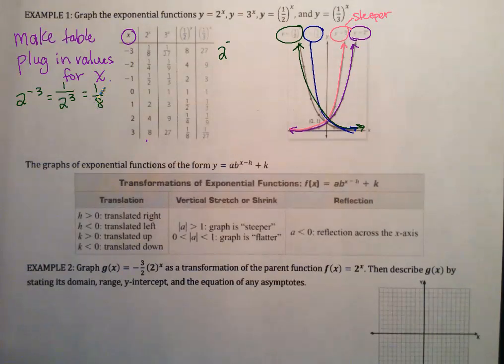And then 3 to the -3rd power is 1 over 3 to the third, so that's going to be 1 over 27. Does that make sense a little bit more? The negative means it needs to be in the denominator. We've talked about that. So since we're starting out with a whole number, the negative changes it into a fraction.